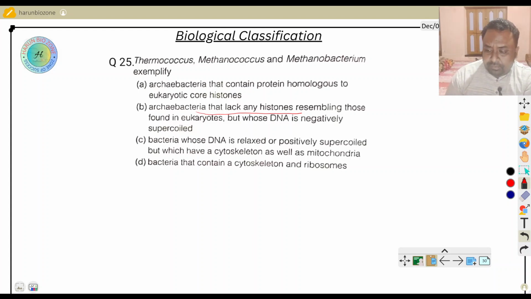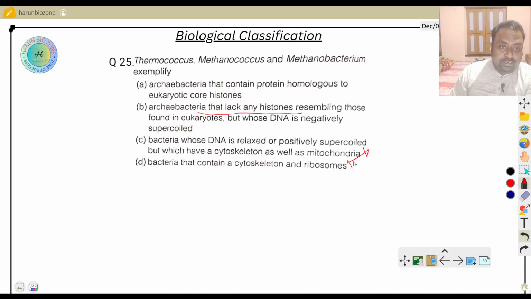Archaeobacteria that lack any histone resembling those found in eukaryotes. Bacteria whose DNA is relaxed and positively supercoiled, but which have a cytoskeleton as well as mitochondria. Not right.